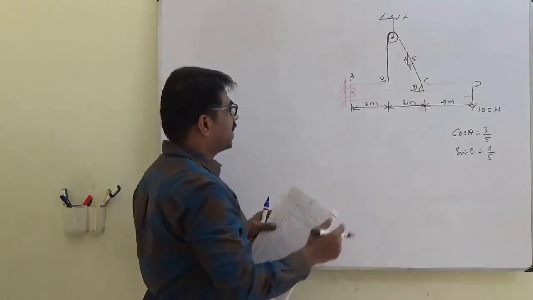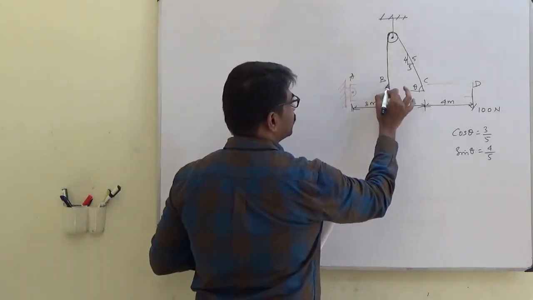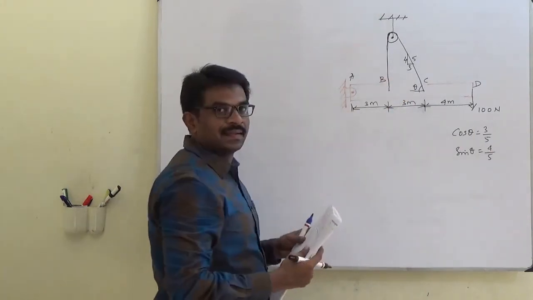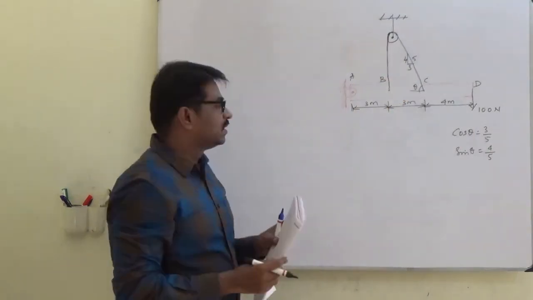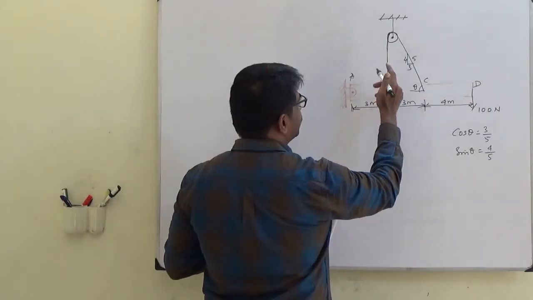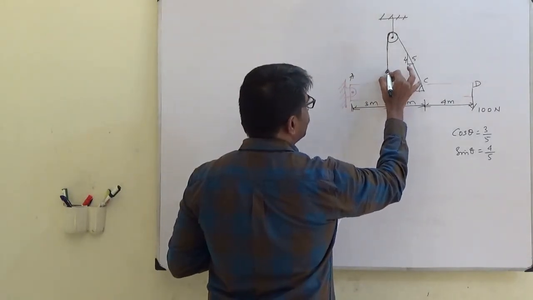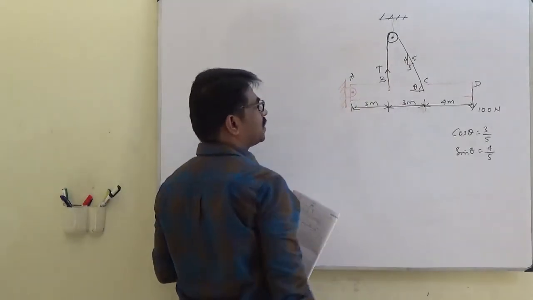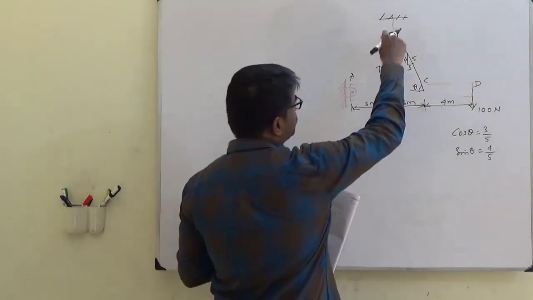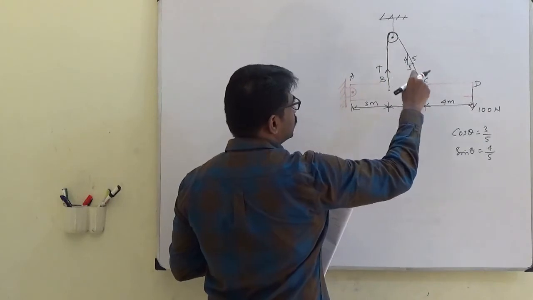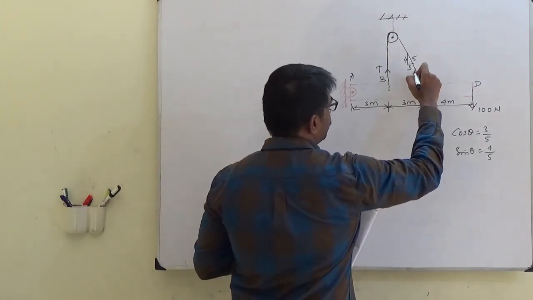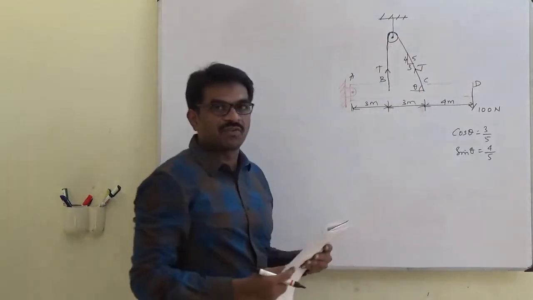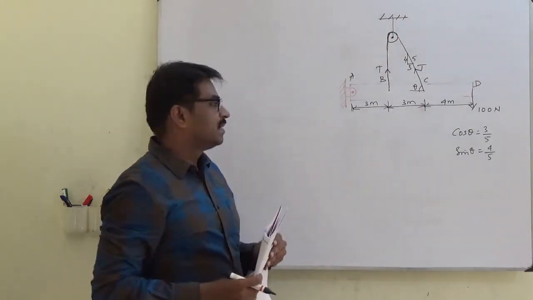So the reactions here, and what is this, by the way? This is the string or rope. So it will exert a tension. So if I draw this, this is the tension T, and since it is a single string or rope, here also it will be the same T. The tension or the magnitude will be the same.